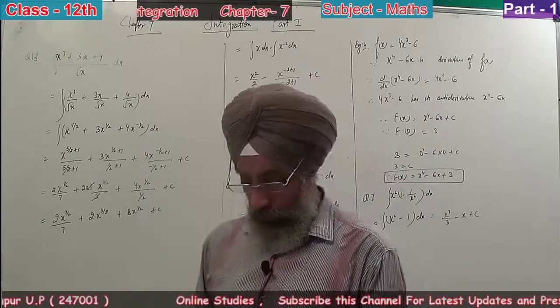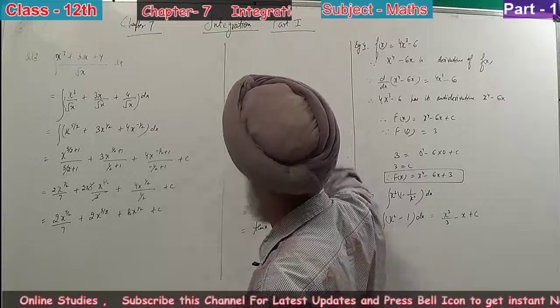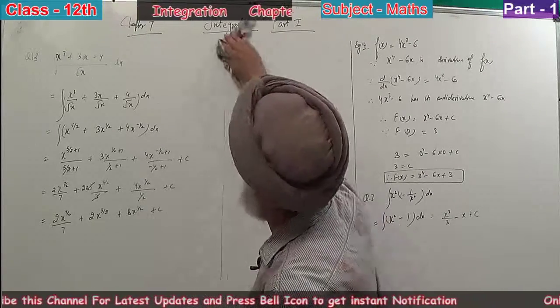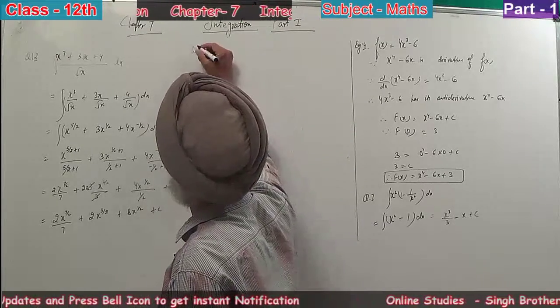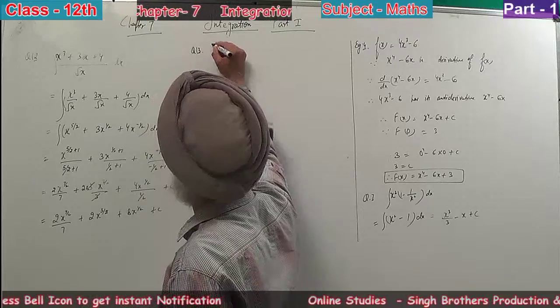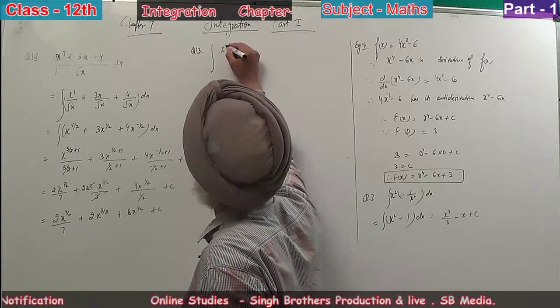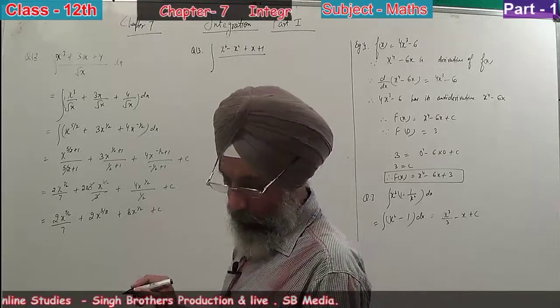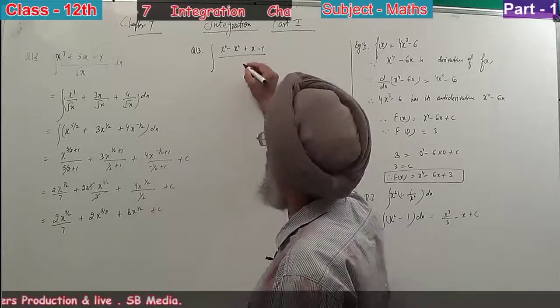Okay, now see question number 13 here. How will we do the 13th question? We have to find the integration of (x cube minus x square plus x minus 1), not plus 1, upon x minus 1.